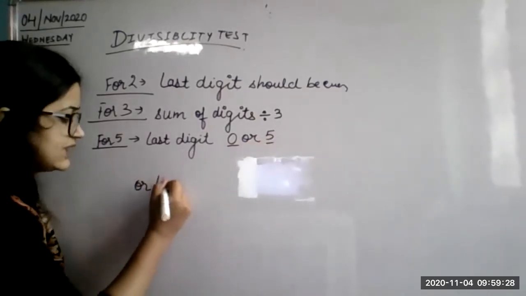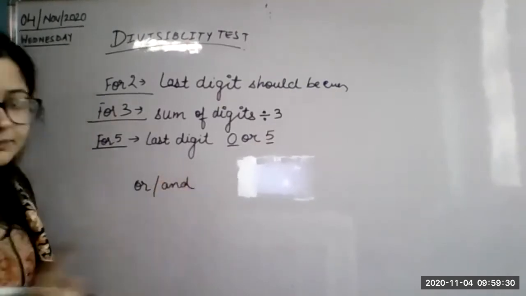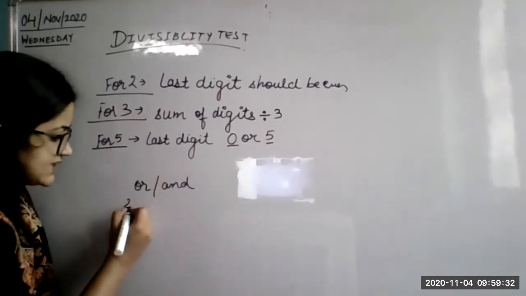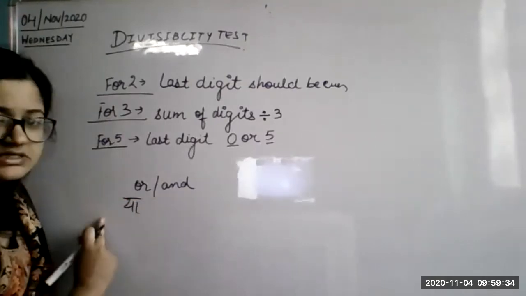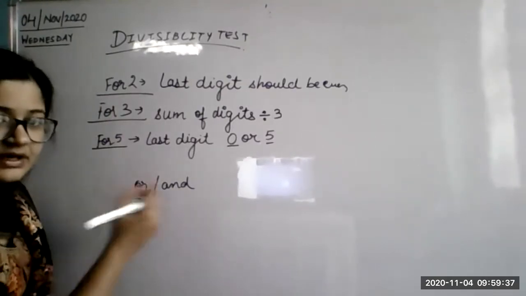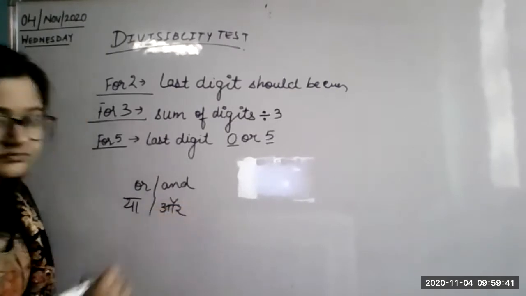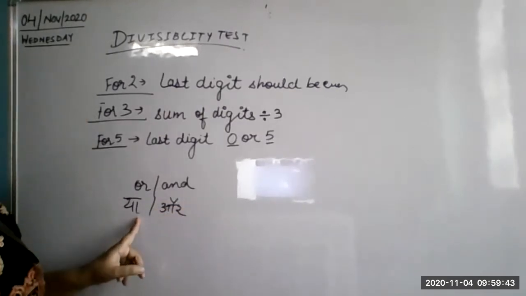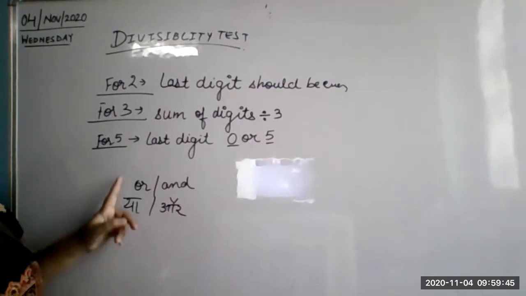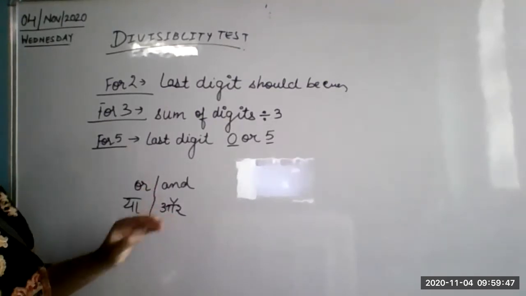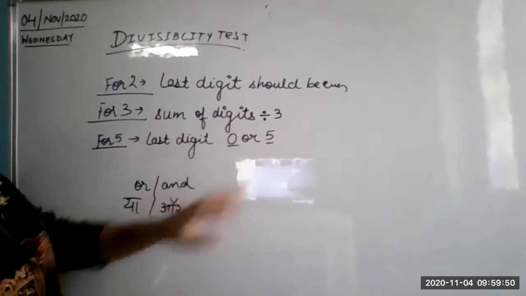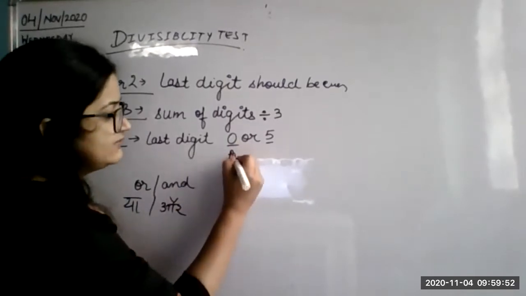I am explaining in Hindi. Or means या, this or this, या ये या फिर वो. Or means any one of them.